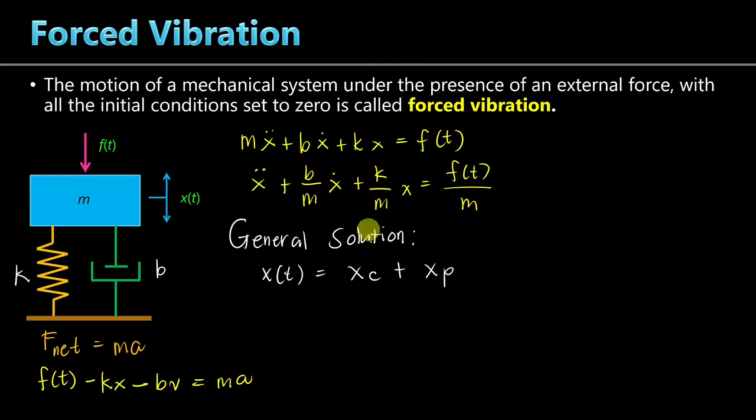Okay? So, marunong na kayong kumuha ng xc at saka xp in the previous discussions. However, since application ito, ang gagawin natin is isosolve natin yung general solution na nagre-represent dun sa response ng system gamit yung tinatawag na natural response, xn, at saka forced response, or xf.